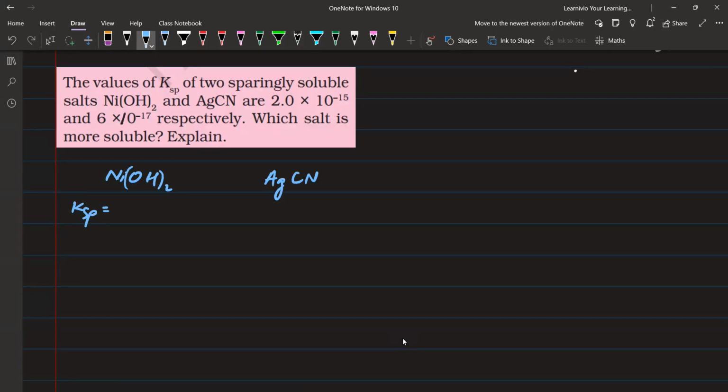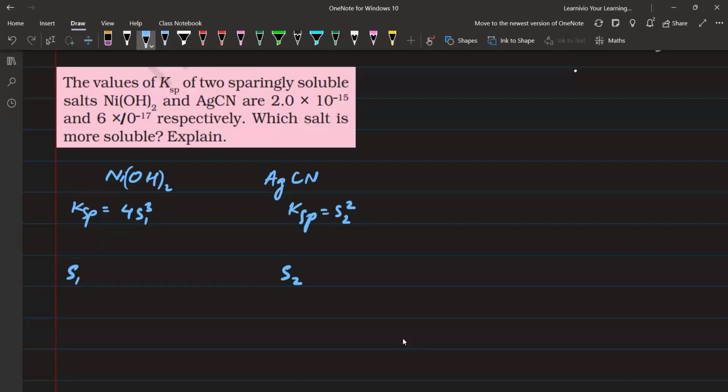तो इस केस में जो KSP होगा will be equal to how much? 4s cube. In this case the KSP will be equal to s square. S1 कर लेते हैं, इसको S2 कर लेते हैं। You need to calculate the S1 and you need to calculate the S2. Whatever is going to be greater, उसकी solubility ज्यादा होगी। Make sense?